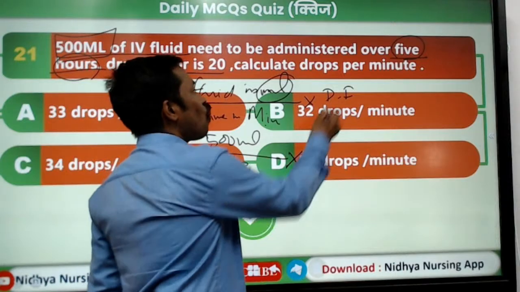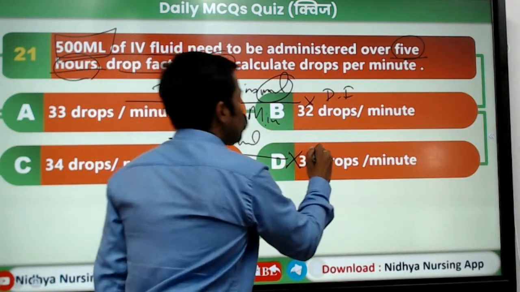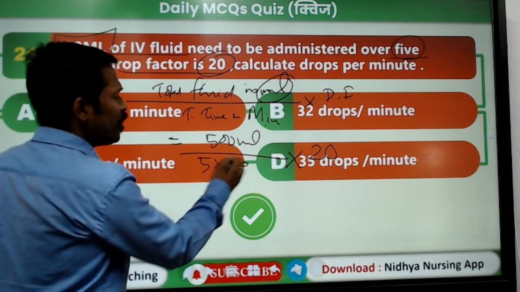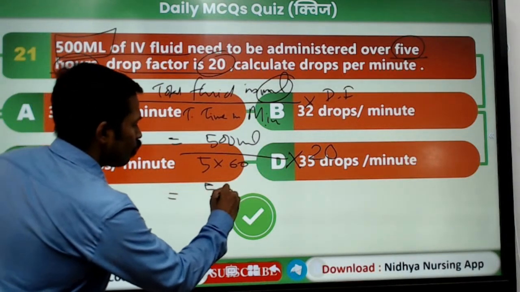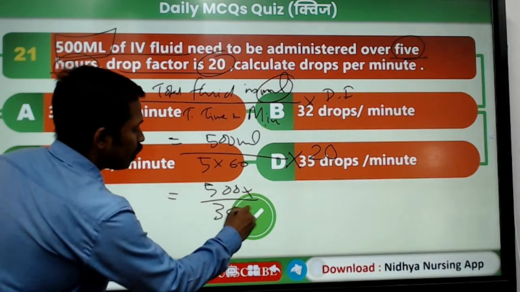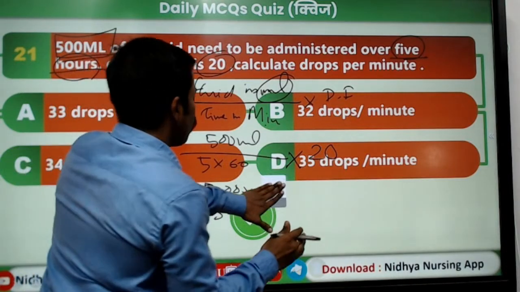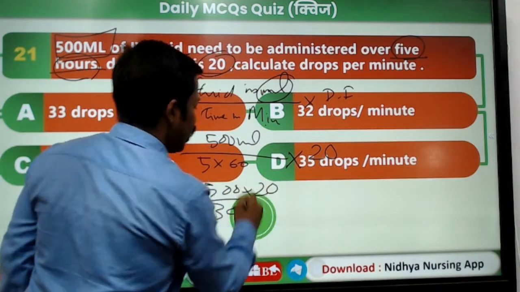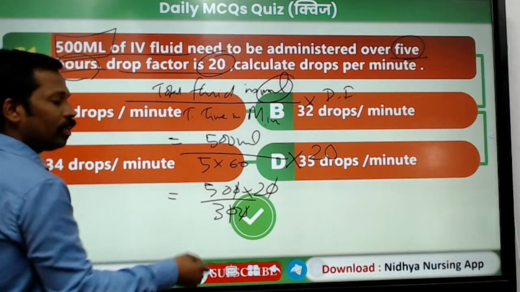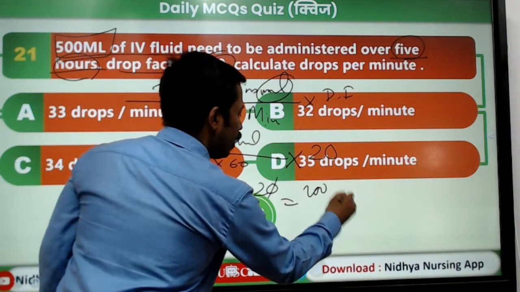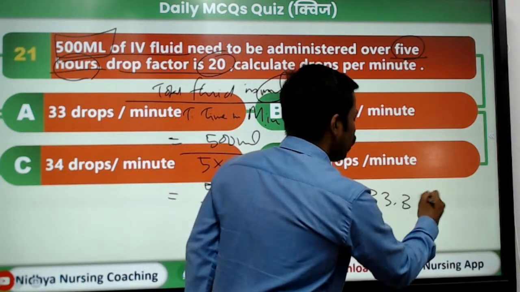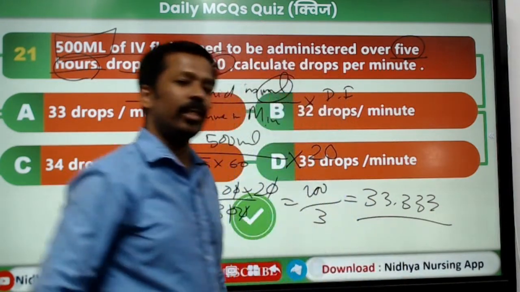Into drop factor, 20. So here we'll go 5 into 60, 300, isn't it? 500 into 20 over 300, that is 100 divided by 3, which is 33.3333.